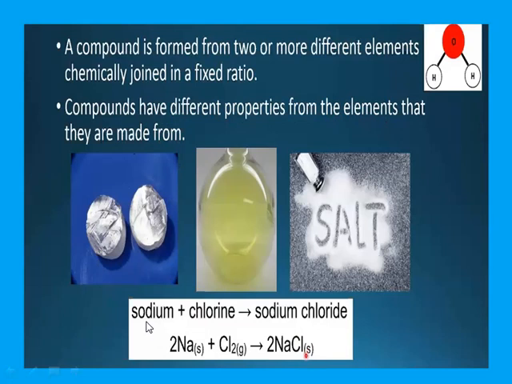The 2 elements, sodium, a metal, and chlorine, a non-metal, combine to give a compound, sodium chloride, represented by NaCl. This shows that the compound has an atom of sodium and an atom of chlorine.